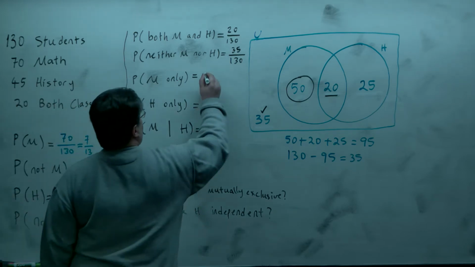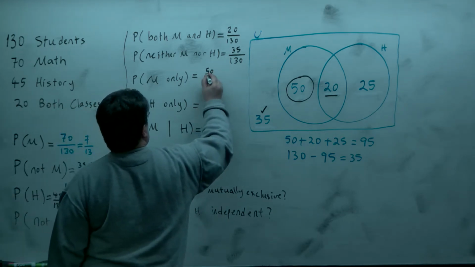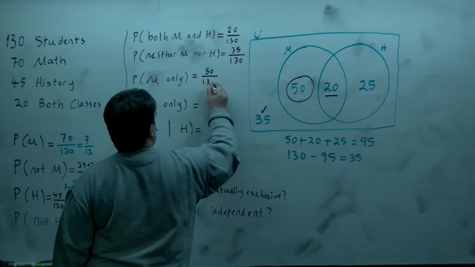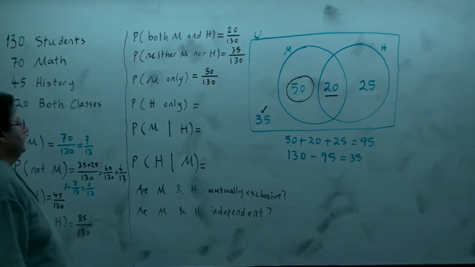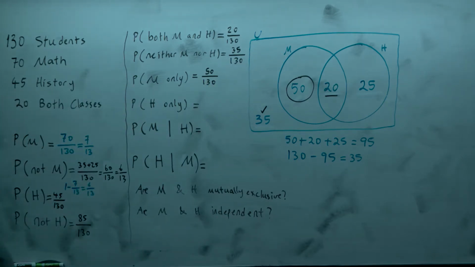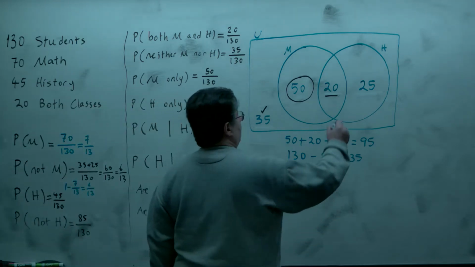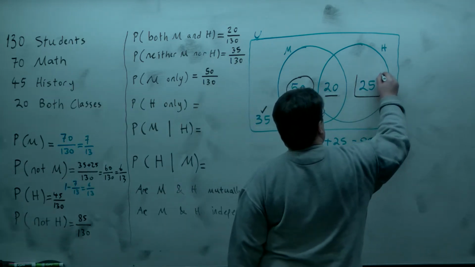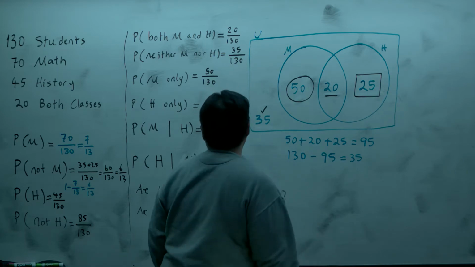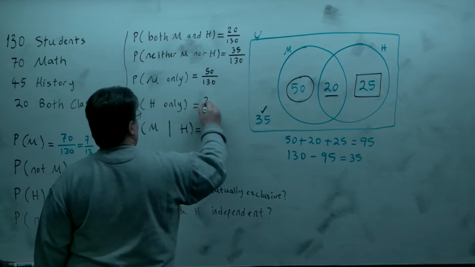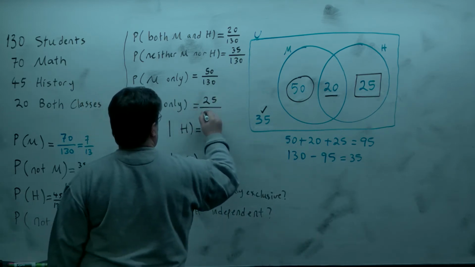So it is 50 divided by 130. What is the probability that a randomly selected student takes history only? That would be this one. 25 divided by 130.